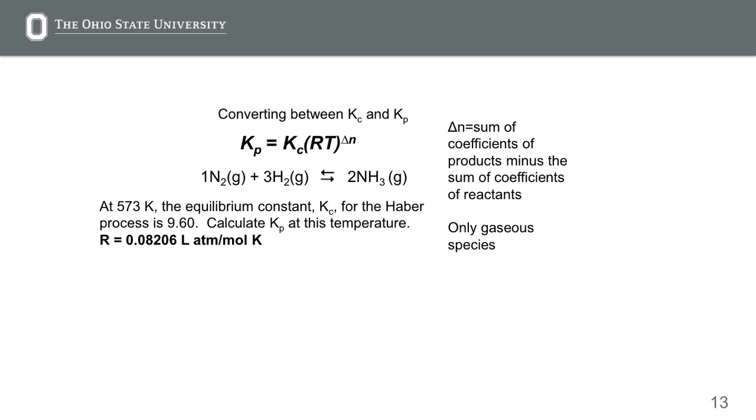This relationship is going to allow us to switch from an equilibrium constant that focuses on concentration to one that focuses on pressures. You may want to do that for some reason, so we'll show you how to do it.